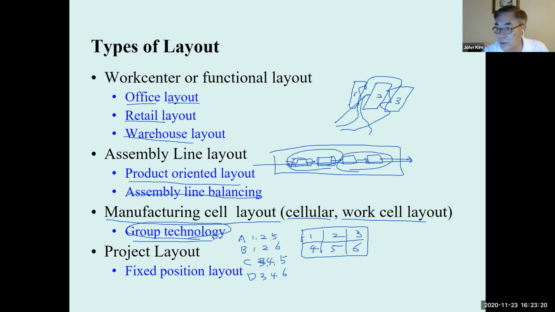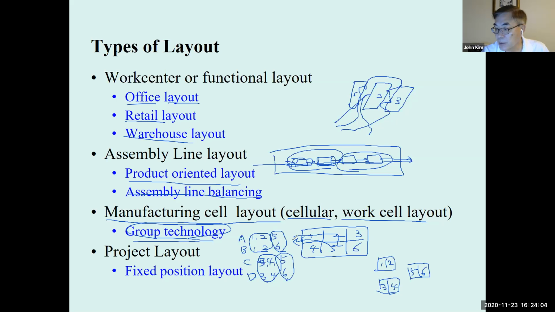Then using group technology means grouping similar processes among them. Then make cells, 3 cells, like this one consists of 1 and 2, and 3 and 4, and 5, 6. Before using group technology, type A comes in 1 and 2, and then 5, and then out.